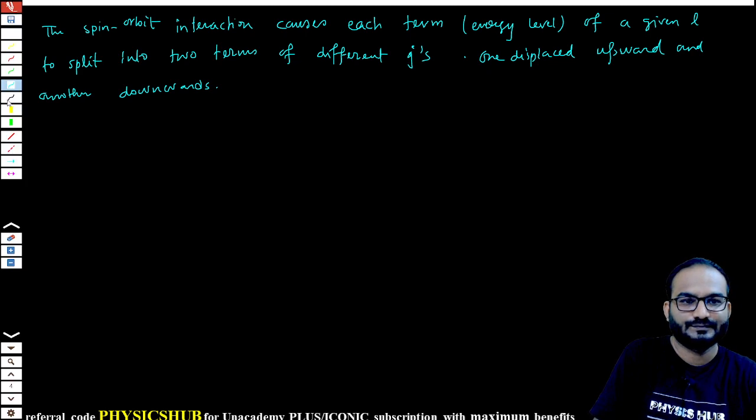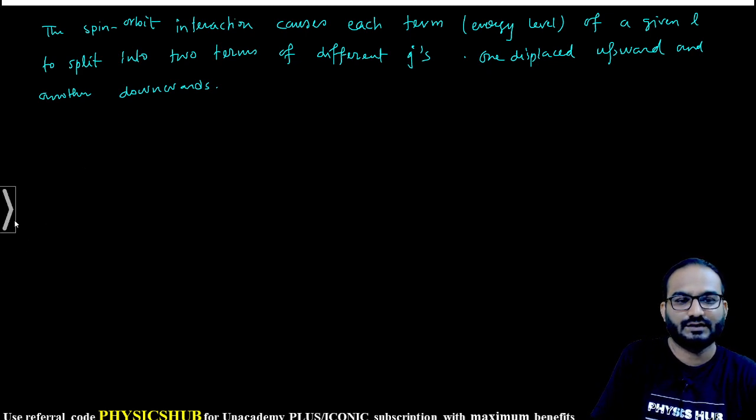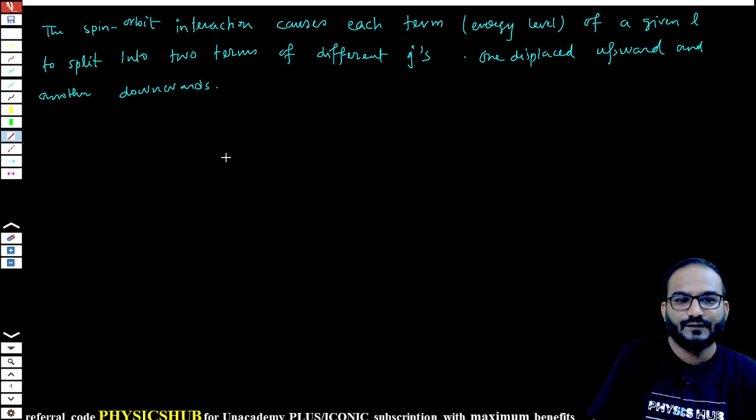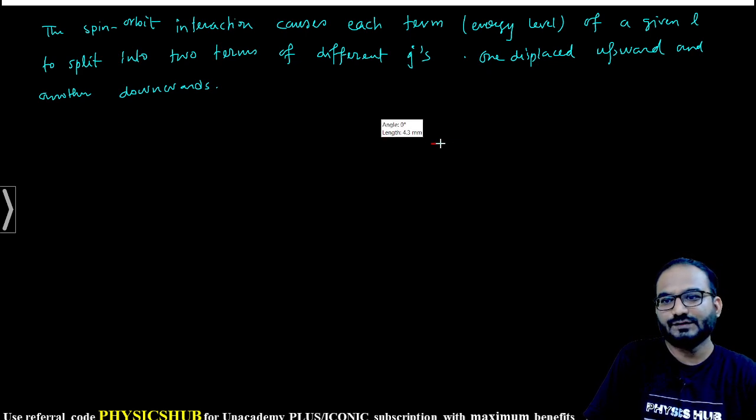Let me try to explain it for you. This is a particular line with a particular L value.